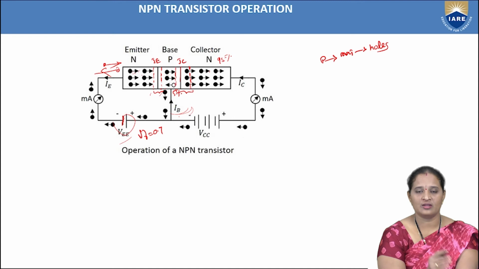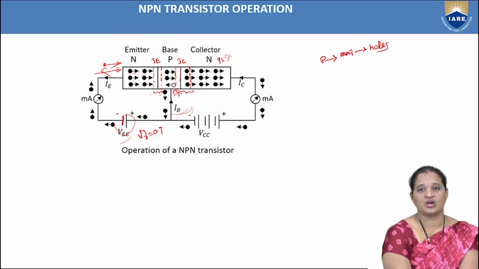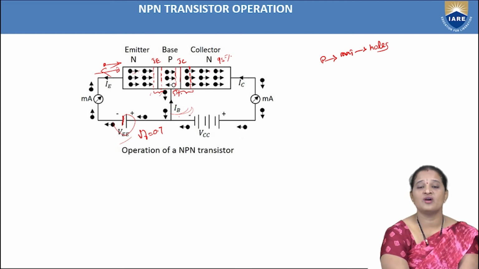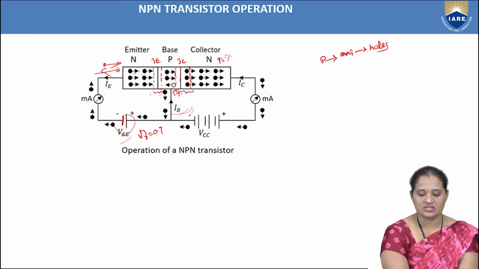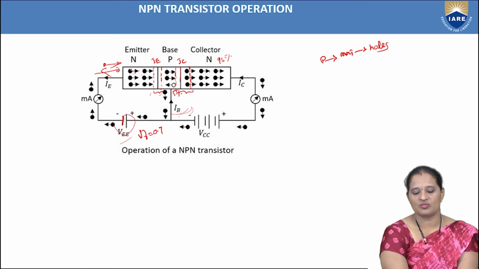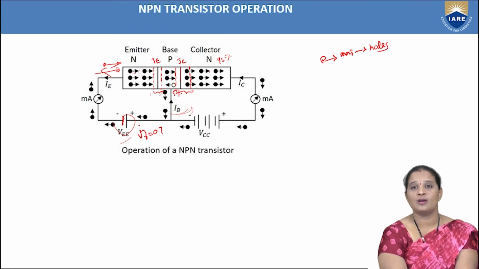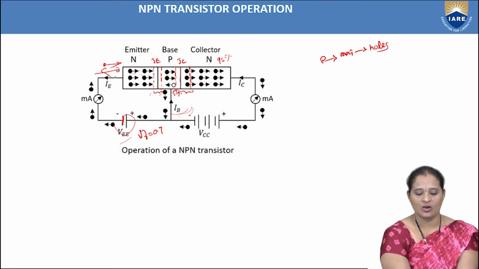As we all know, the direction of motion of electrons and holes is opposite to each other. We always consider the conventional current direction as the direction of motion of positively charged carriers, which are nothing but holes. So what is the hole direction here? These are moving from N-type material to the negative terminal of the battery. That is why the current direction is this one.